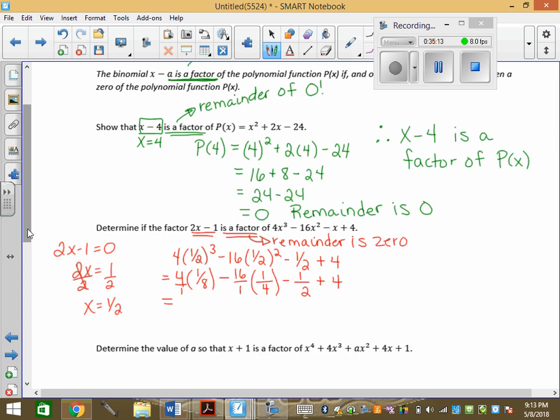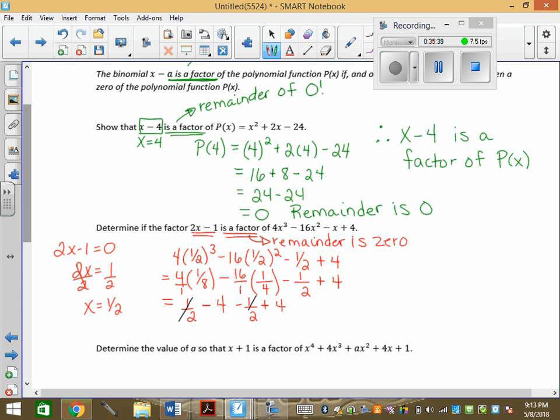So 4 over 8 reduces to 1/2. 16 over 4 reduces to 1/4. Minus 1/2 plus 4. Oh, 1/4. This is 4. Woohoo. Don't do fractions, yay. This is 16 over 4, which is 16 divided by 4, which is negative 4.